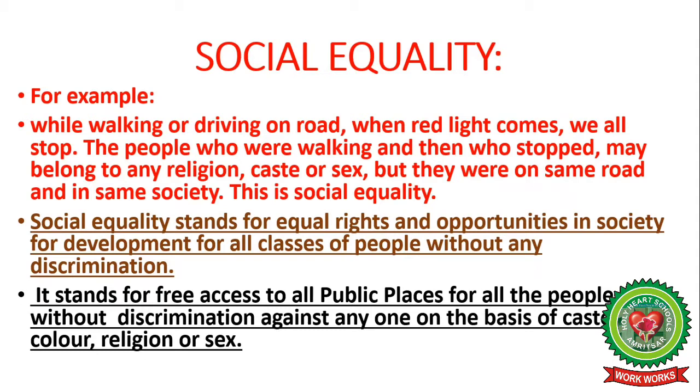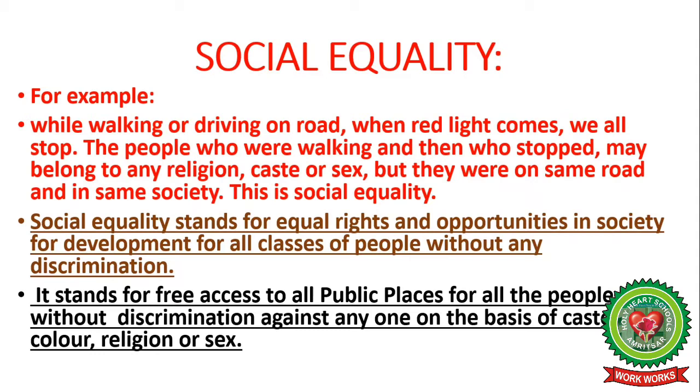So, what is social equality? Social equality stands for equal rights and opportunities in society for development for all classes of people without any discrimination. It is not that when the red light comes, this caste people will stop, and when the red light comes, that caste people will not stop.